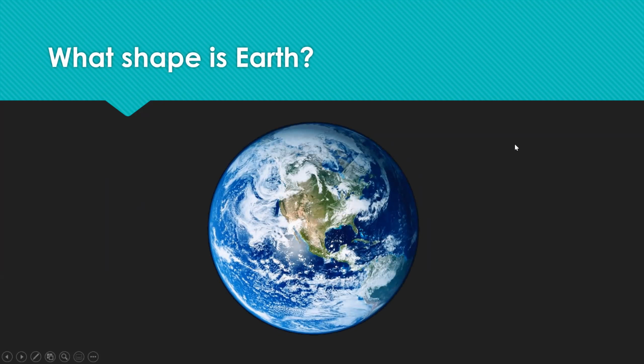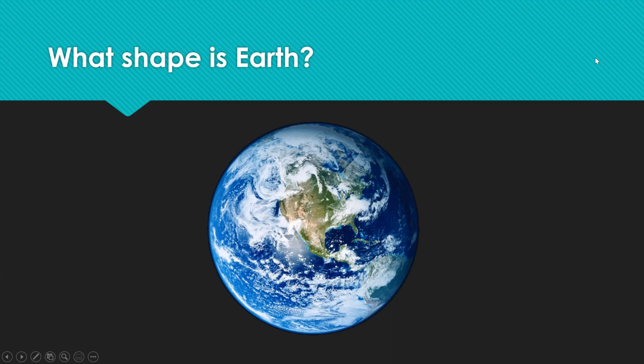Okay, so question for you guys. What is the shape of our planet? I'll take any guesses. Round. It's round. Okay, that's 100% correct. Could anyone try to get more specific? What kind of shape?